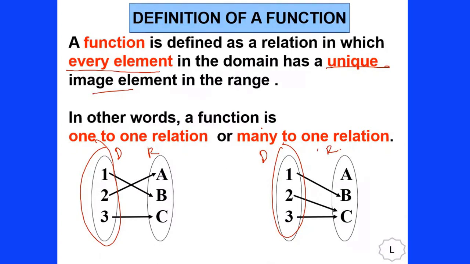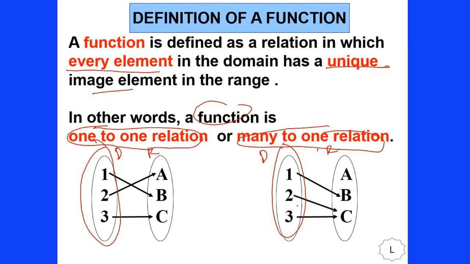In other words, a function is a one-to-one relation or a many-to-one relation. You have many relations, right? One-to-one, one-to-many, many-to-one, many-to-many relation. But the relation is called a function when it is one-to-one or many-to-one.